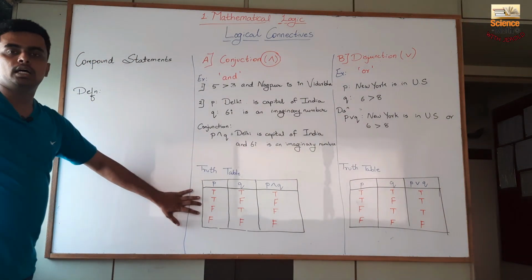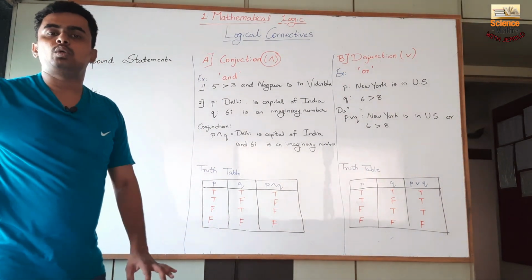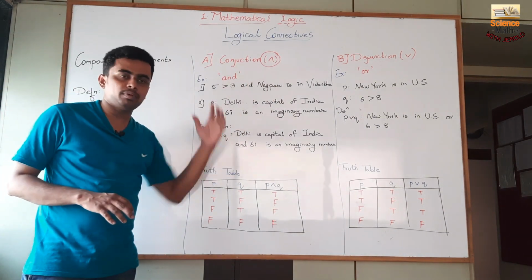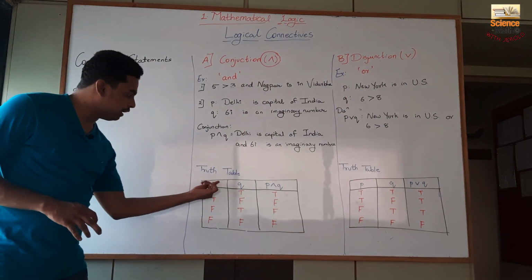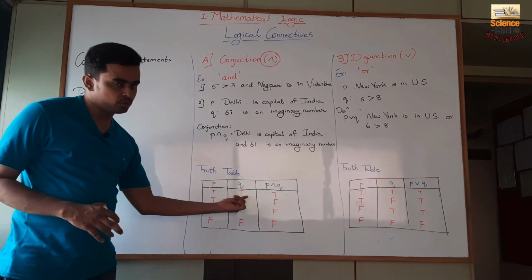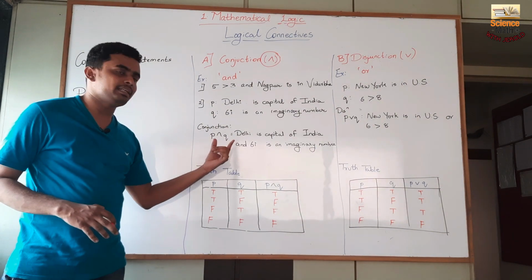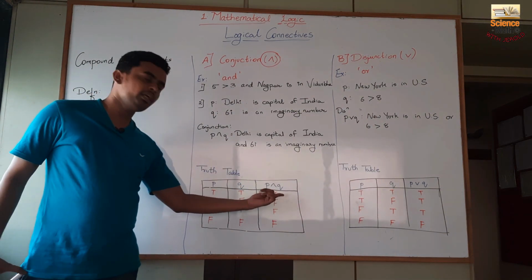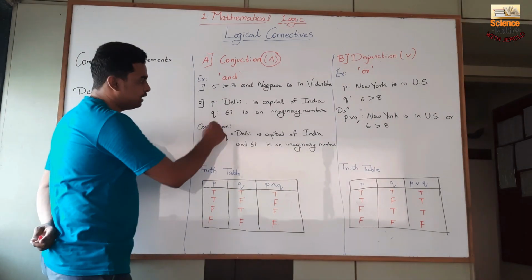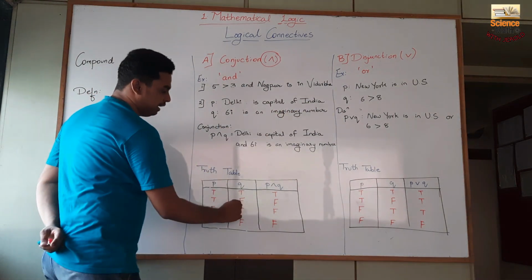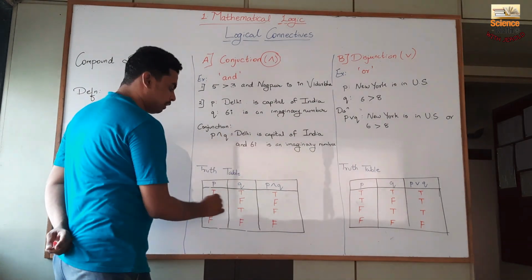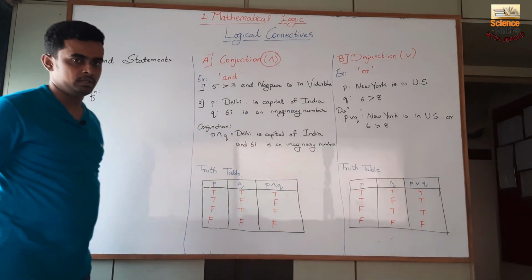What are the truth values of a conjunction? As we saw in the different examples, if one statement is true and another statement is also true, then the conjunction will also be true. If P is true but Q is false, then the conjunction becomes false.